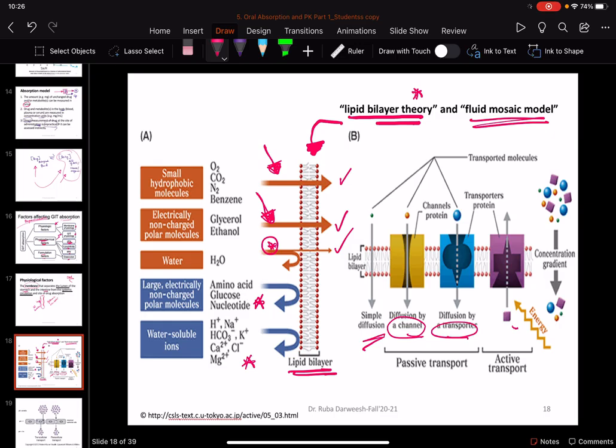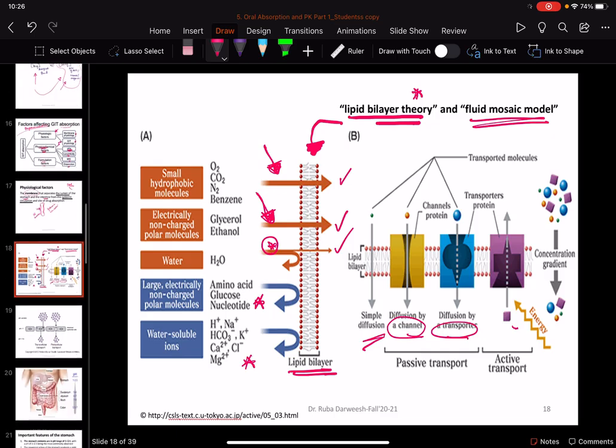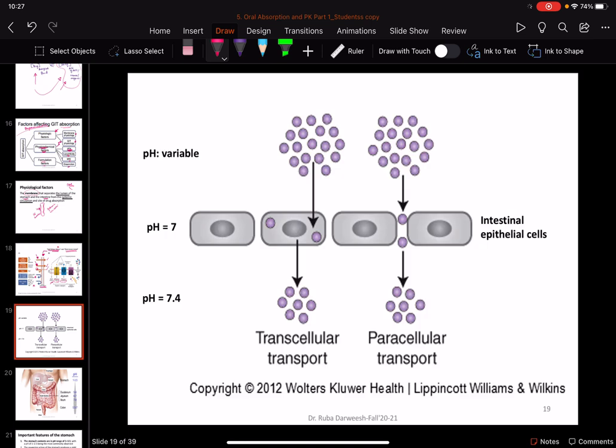So all of those details related to the physiology of the membrane, and the physicochemical properties of the drug that go with one of those processes or the other, affect the absorption of the drug. As I mentioned, the physicochemical properties of the drug, in addition to the membrane or environment physiology, would affect it. We know that the pH at different sites of the GI is variable.